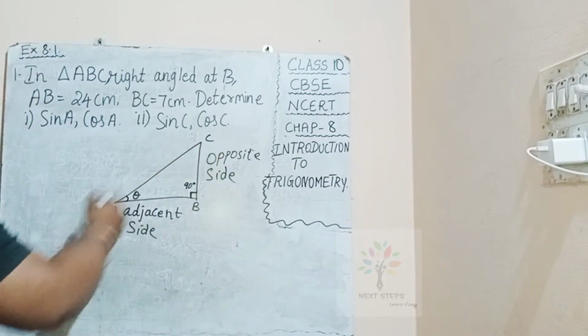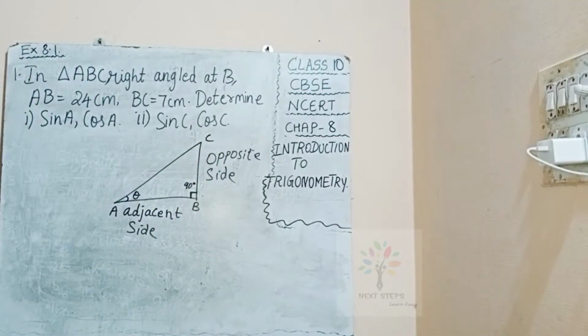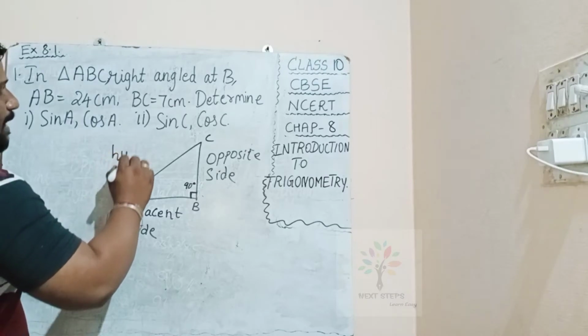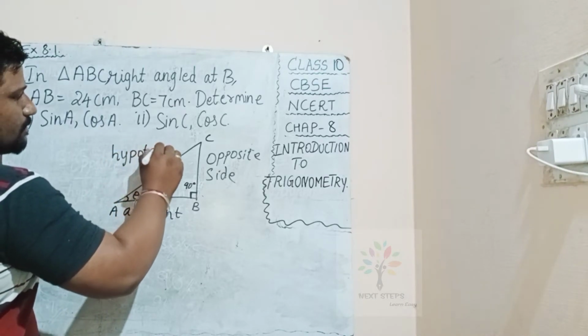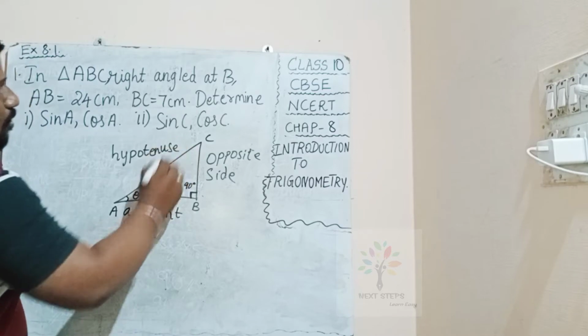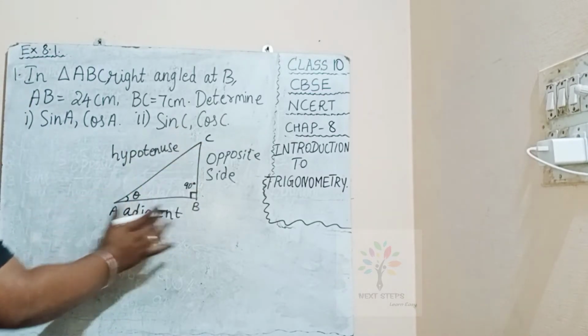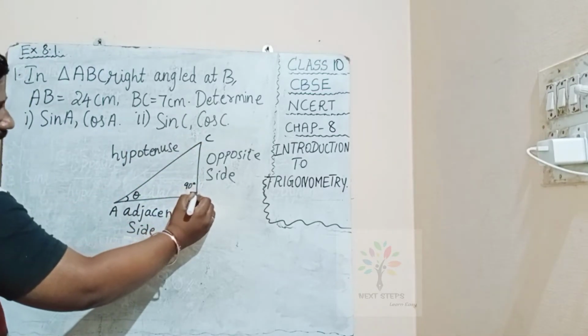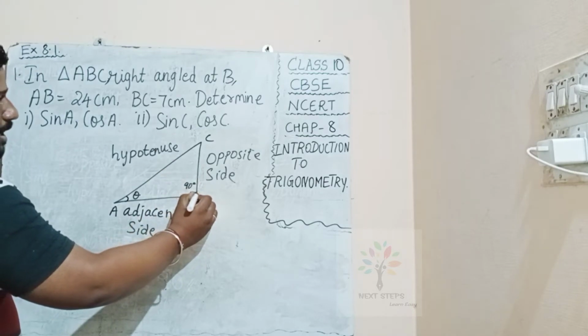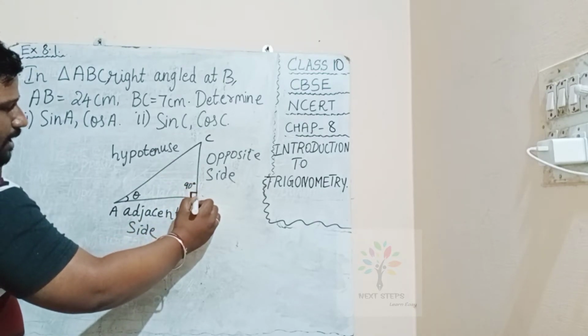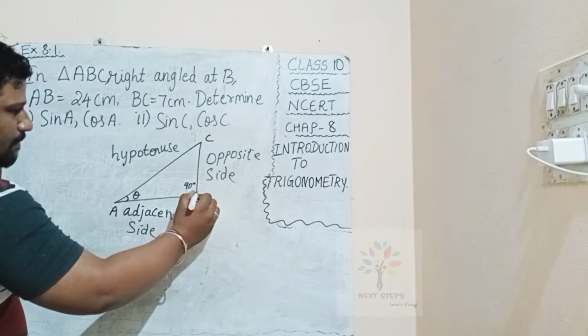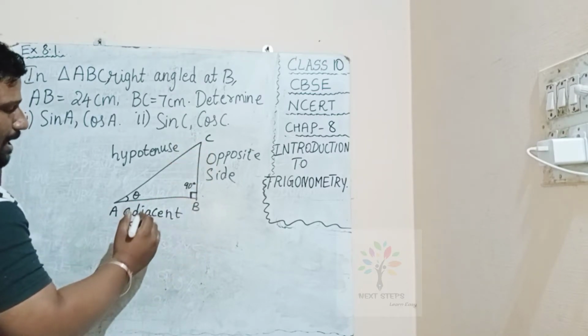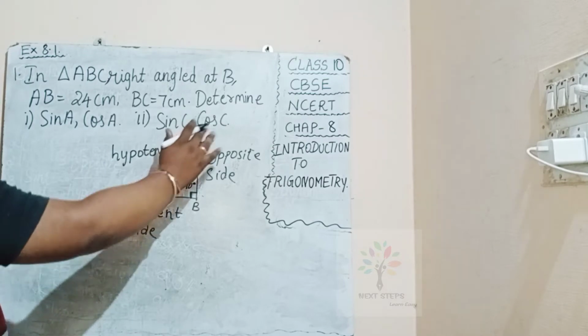The one remaining, AC, will be called the hypotenuse. When you are solving the problem, first you have to draw your diagram, and if any part is mentioned as a right angle, we just have to draw the diagram like this.